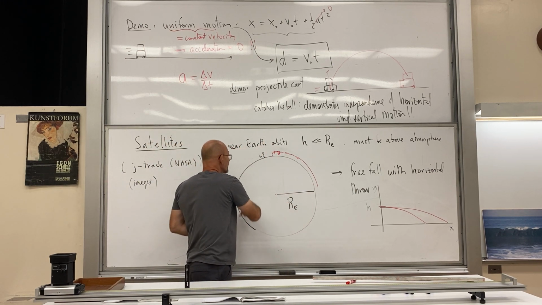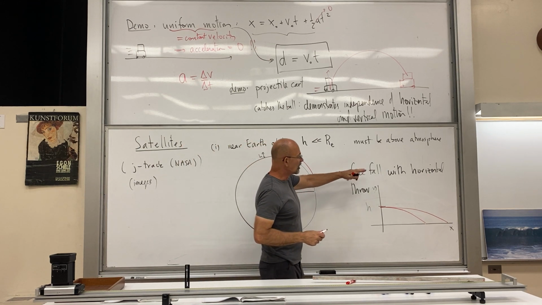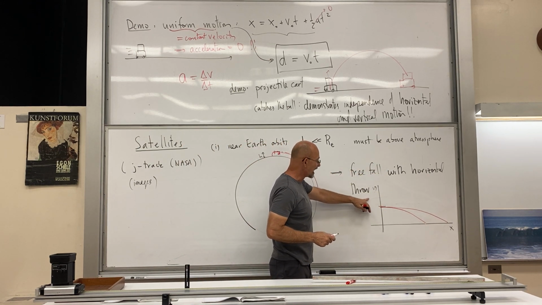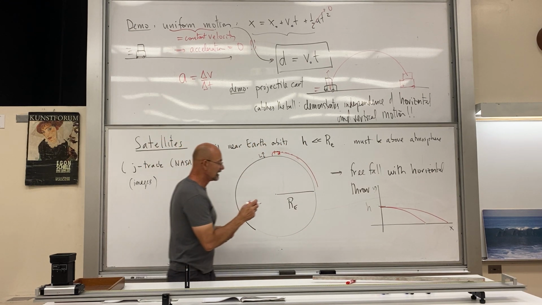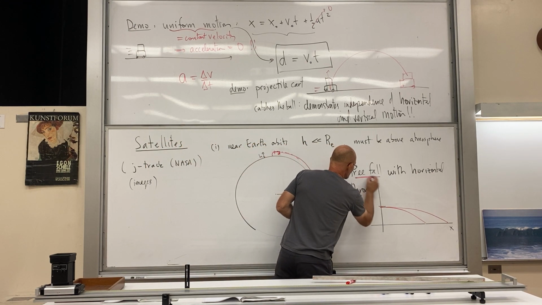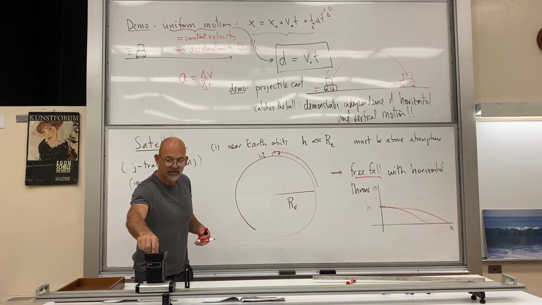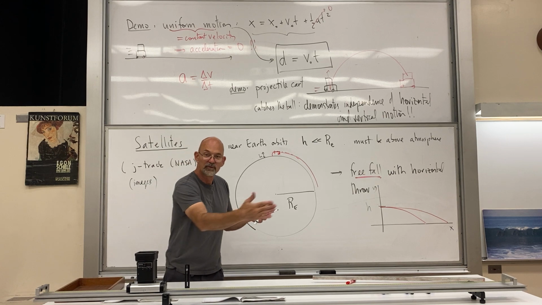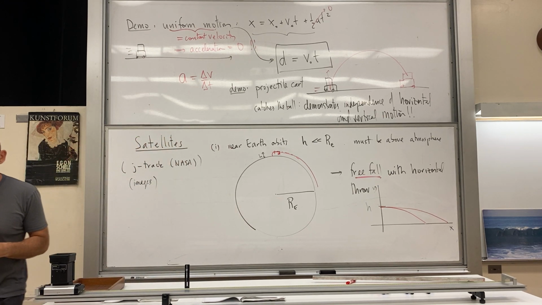It just keeps going around. So the satellite orbit is a horizontal throw with an adequate speed. That's all it is. And free fall is still in play. Just like with my cart here, the free fall law was still in play even though the cart was moving forward. So that's the whole thing.